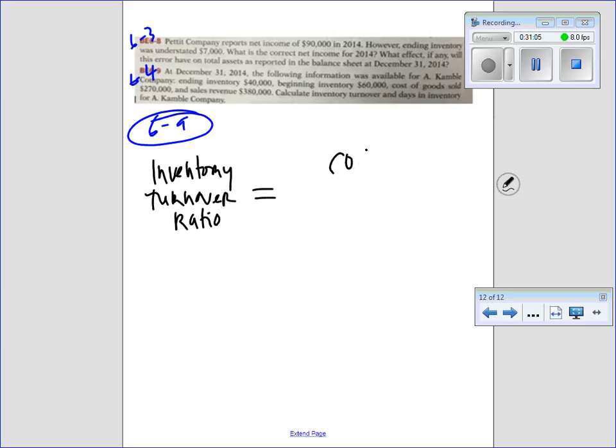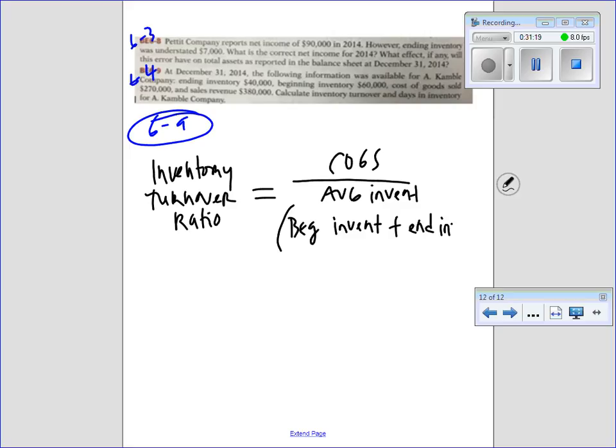Equals COGS divided by average inventory, which we know is a little math problem in and of itself, where you take beginning inventory plus ending inventory divided by 2. See if you can do it based on the numbers that you see in 6.9.